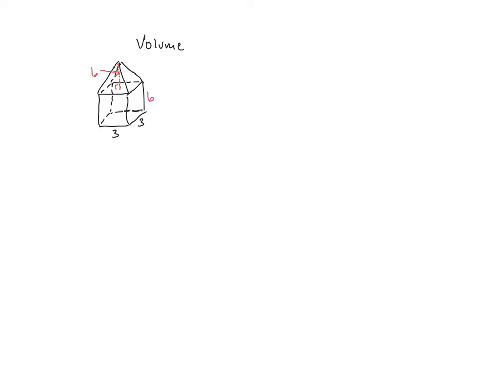Basically I need to find the volume of the pyramid, I need to find the volume of the prism, and then I just need to add. Or find the volume of the prism and then the volume of the pyramid and then add. It doesn't matter which one you do first.